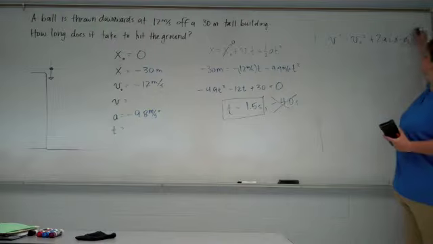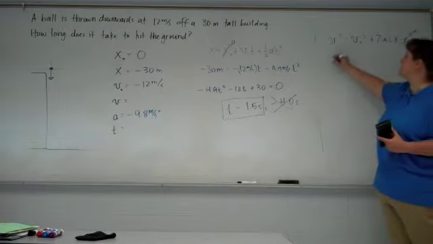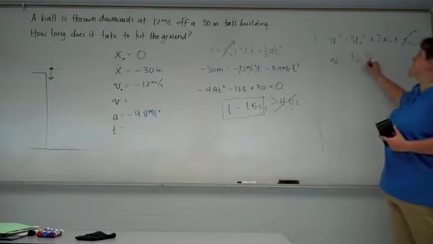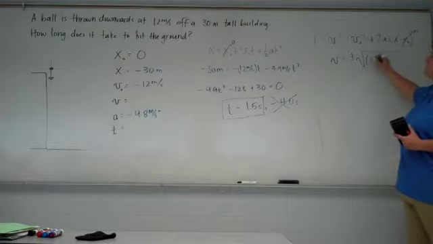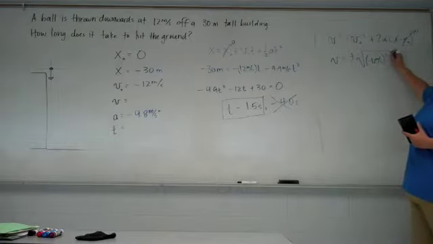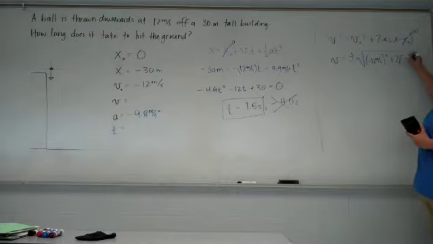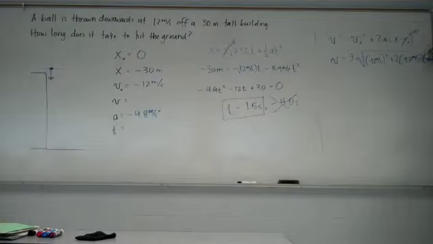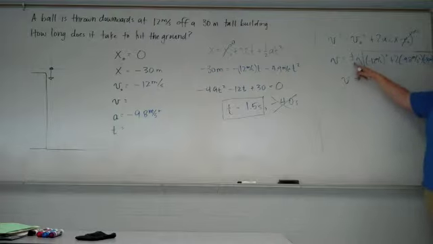So initial position is 0. So our final velocity will be plus or minus the square root of negative 12 meters per second squared plus 2ax. You do need to be careful. Remember, whenever you use this equation, be careful to remember to put the correct sign on it.